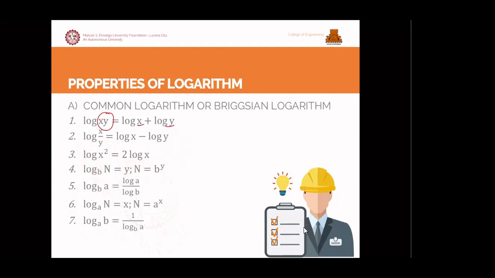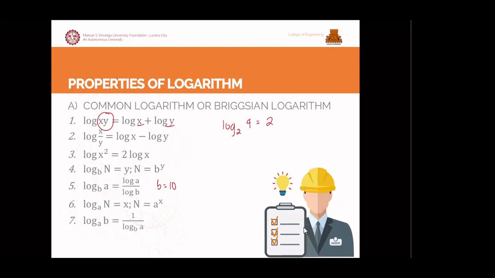And if you want to change the base of the given logarithm into the standard base, the standard base of a logarithm is b equals 10. But you may see a problem such as log base 2 of 4 equals 2. If you want to change it into a logarithm of base b, what you do is log a over log b.